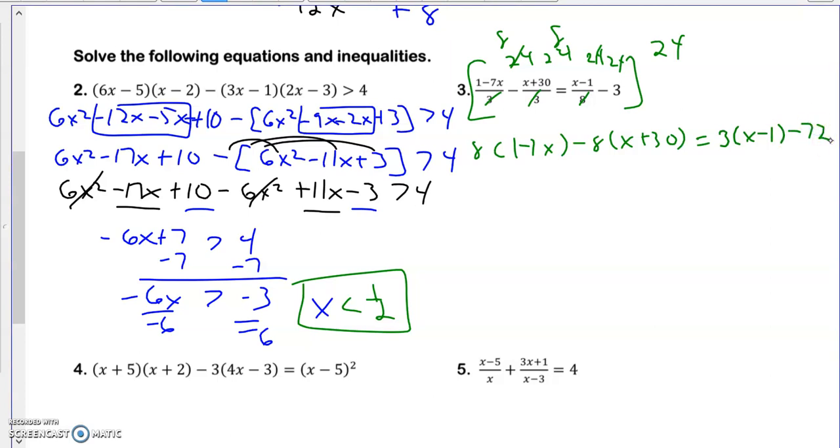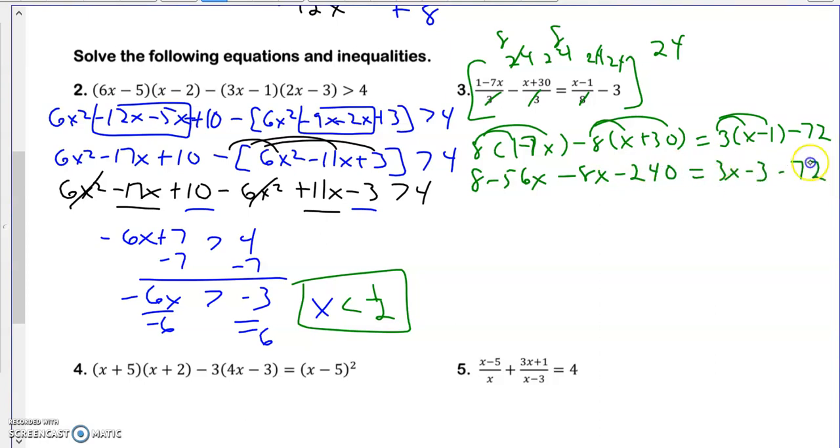Then I'm going to distribute and distribute. So I'm going to get an 8 times 1, and this is a 7, remember, minus 56x and minus 8x, and this is going to get me a negative 240 equals 3x minus 3 minus 72.